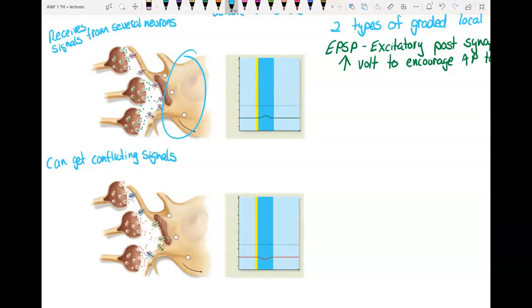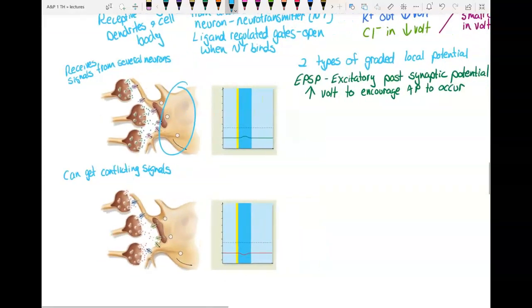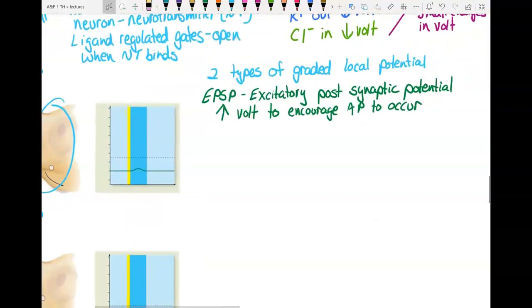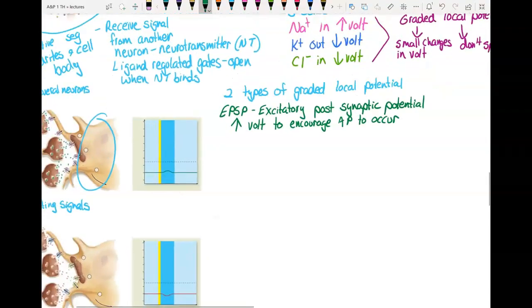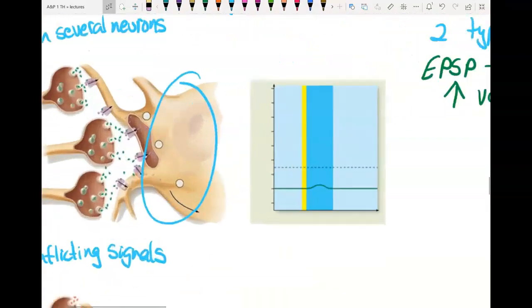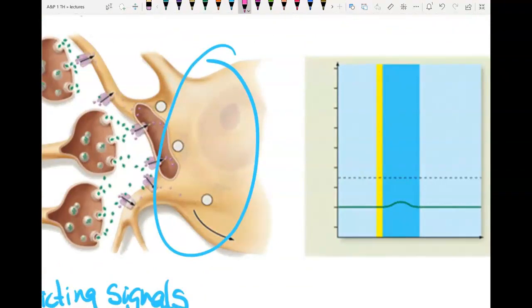You get conflicting signals. The EPSP is the signal that wants the neuron to have an action potential. So if you're going to have an action potential, you have to raise voltage. So you're going to let sodium in. So EPSP, you secrete a neurotransmitter that binds to the sodium gates.